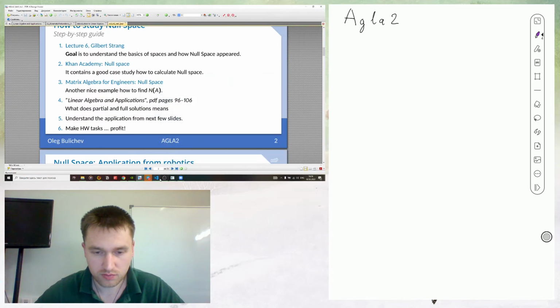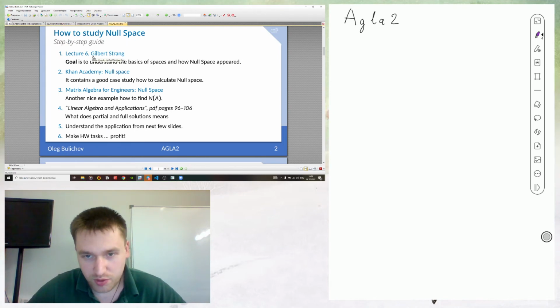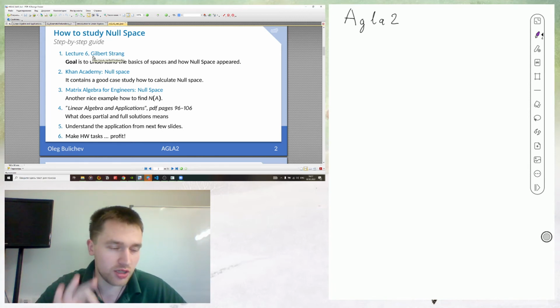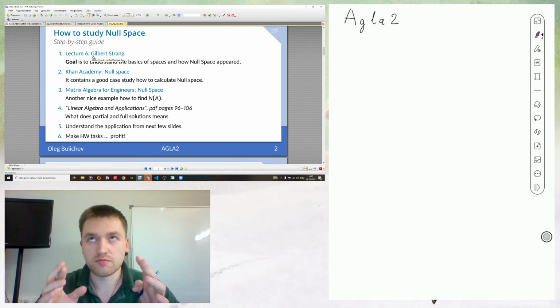What about column space? I also have one very nice video, but for understanding it you need to also know what row space and the left null space mean. They are all called the four fundamental subspaces.